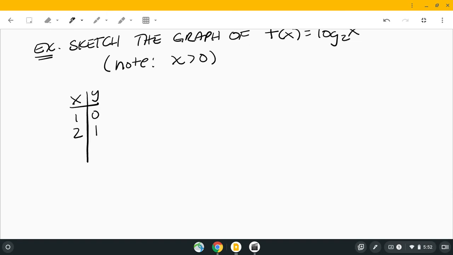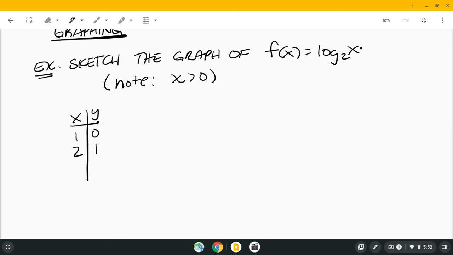And then I'm not going to choose 3, because remember, we're trying to figure out 2 to what power is going to give me 3. Well, I don't want to have to use a calculator, so I don't want to choose 3. 4, I'll choose 4 because 4 is a power of 2. 2 to what power is 4? 2 squared.